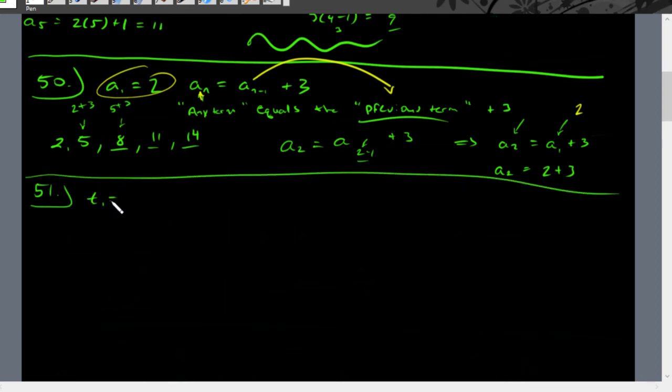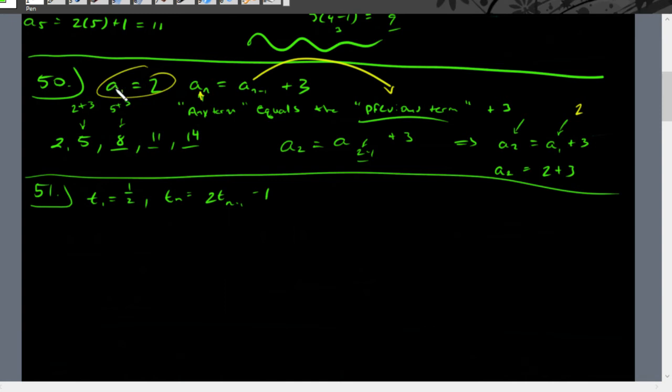T sub 1 equals 1 half, and T sub n equals 2 T sub n minus 1 minus 1. Now here, something I've not actually mentioned at all this year, is that A is not the only thing that you can call sequences.